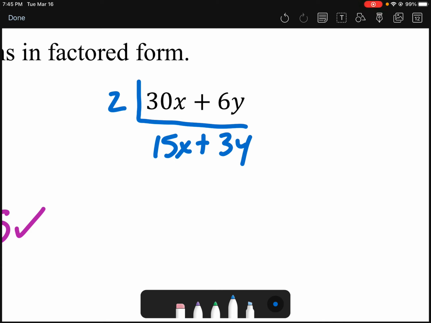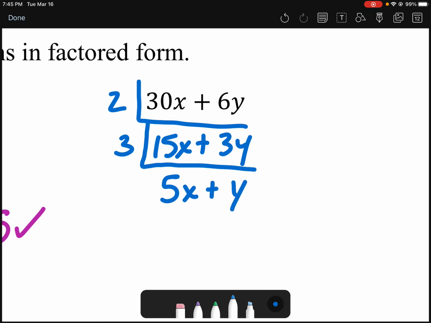All right, now looking at this expression, can I take anything out from 15x and 3y? I can take out another 3. So 15x divided by 3 is 5x. Bring down the plus. 3y divided by 3 is just 1y, or y. Well, now I'm left with a 1y, so I know nothing else can be pulled out.